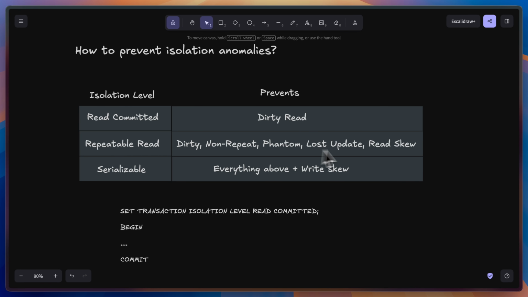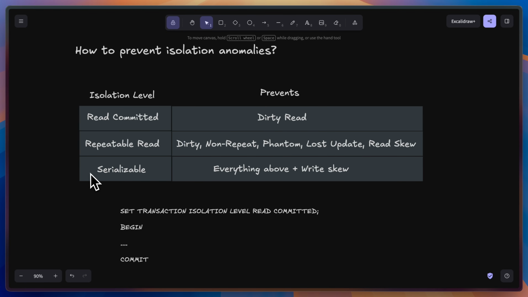If you want to prevent all these problems, then you just need to select the isolation level as repeatable read. So here you have to write repeatable read. And if you want to prevent everything, then just select serializable. Now, by the way, there is a trade-off in selecting this isolation level.